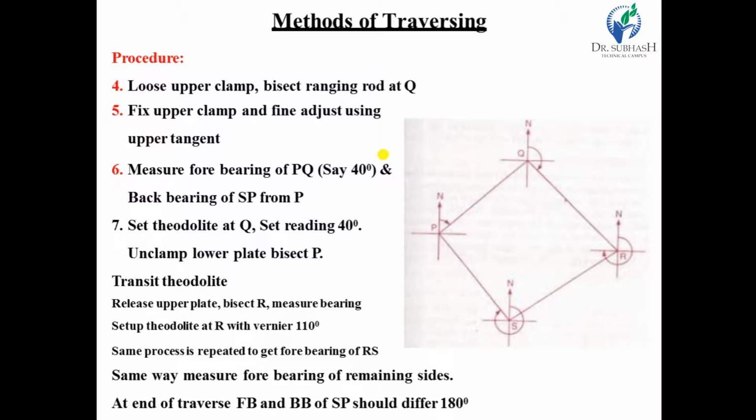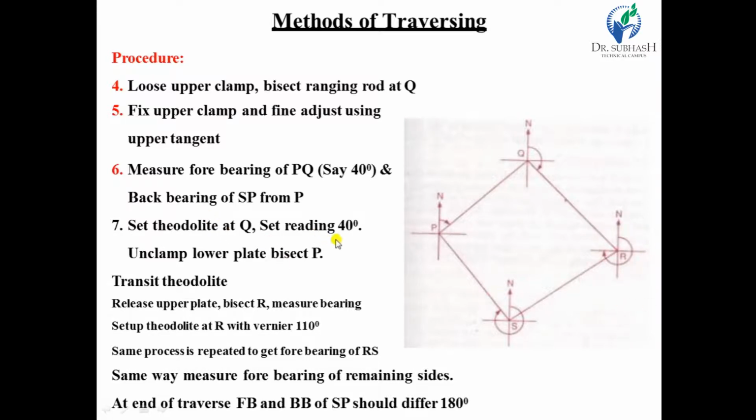After that, we have to loosen the upper clamp and bisect the ranging rod at point Q. Fix the upper clamp and fine adjust using the upper tangent. Measure the fore bearing of PQ and the back bearing SP from P.